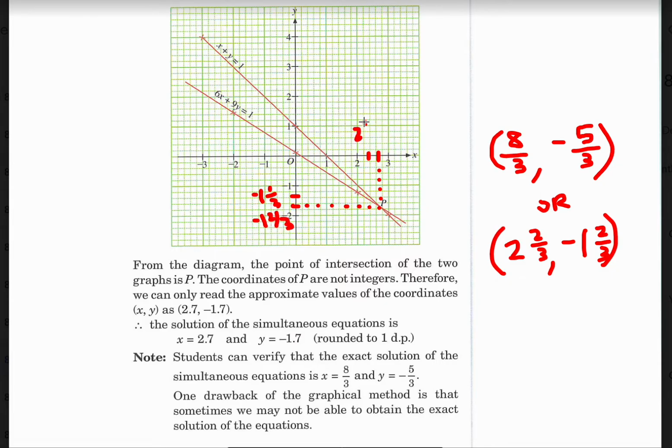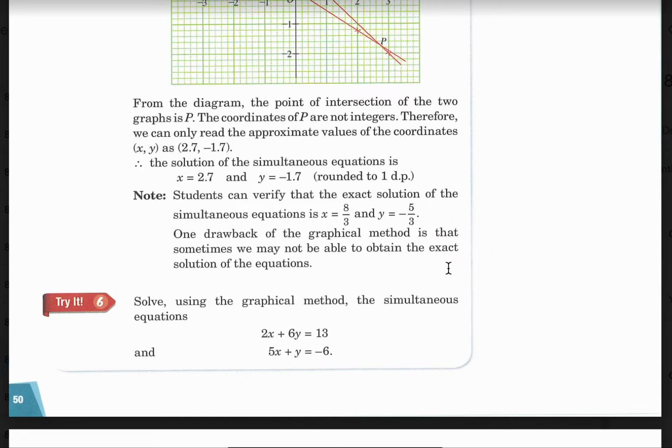This would be 2 and 1/3 and 2 and 2/3, those dashes. The point of this problem is to show you that the graphing method is not always the best when you have fractions, as we saw before. So the algebraic method that we used in that previous video is still the best way because we can get our fractions clearly. Here we're kind of estimating.